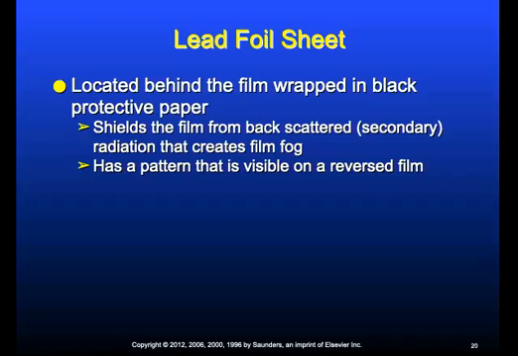But after you process your film, you'll notice that the same raised bump pattern from the foil will appear on your X-ray image. So if you see something like that on your X-ray image, you know that you probably exposed your film backwards. Once again, the purpose of the foil is to protect the film from backscattered radiation, and if it wasn't there, the backscatter radiation would fog the image.